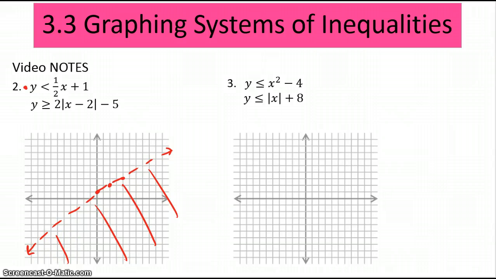Okay, now I'm going to switch up colors, and I'm going to do the other one, which is an absolute value. It has a vertex of 2, -5. h and k: h always lies, k tells the truth, so over 2, down 5, and then up 2 over 1 is the slope.